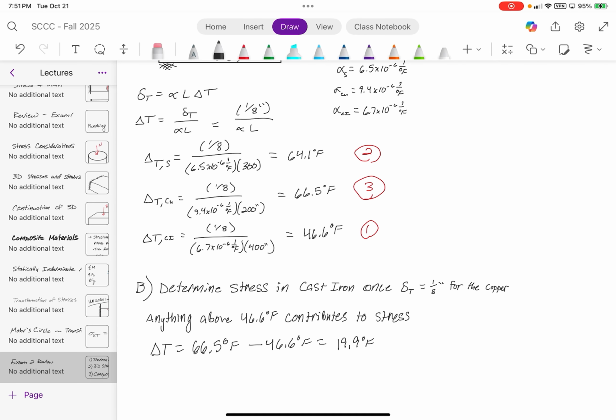So now the real trick with this is figuring out what to use to figure out the stress, right? The trick with that is look at your strain equations. Recall what strain is equal to.